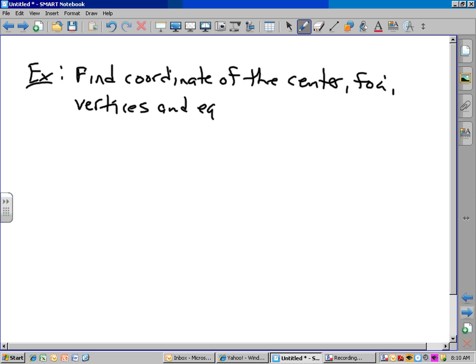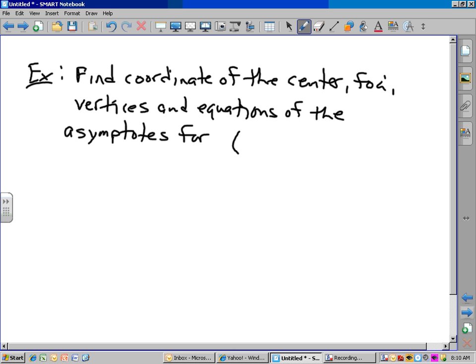And equations of the asymptotes. The equation is y plus 4 squared over 36 minus x minus 2 squared over 25 equal to 1.